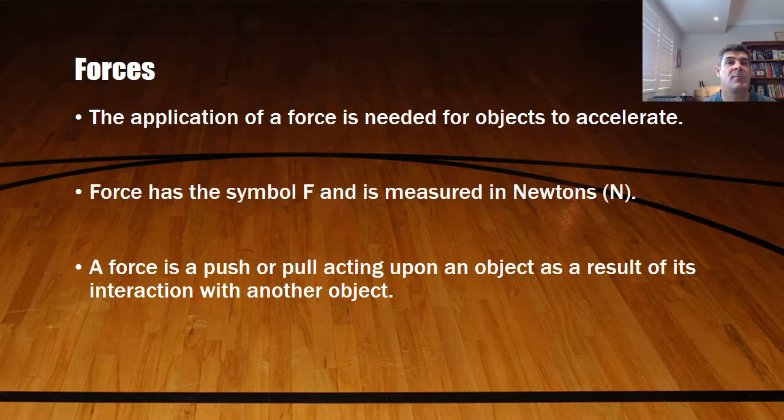So up till now we've been describing motion in terms of some descriptors: how far an object has traveled, how fast it is moving, how long it's taken on its journey, and the rate at which its speed or velocity is changing. Well, what we want to do now is understand how motion occurs.